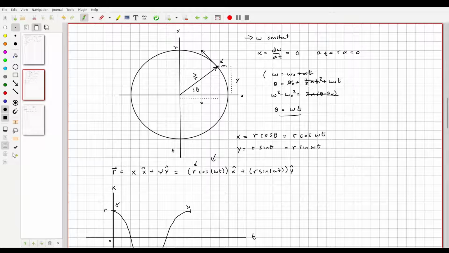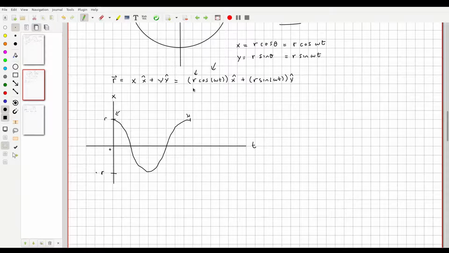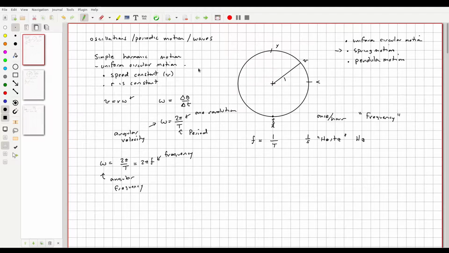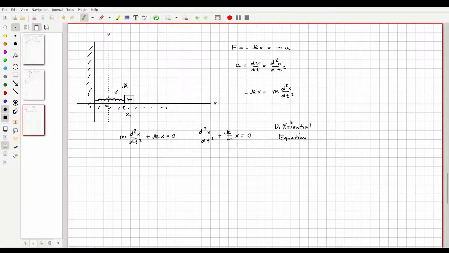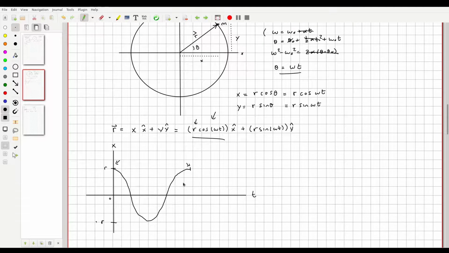We have x, or at least a version of x, for uniform circular motion. Uniform circular motion is the same type of motion, simple harmonic motion, as spring motion is, and as we're going to see, pendular motion is as well. Now, the x that we have, I want to remind you of some terminology that I used.